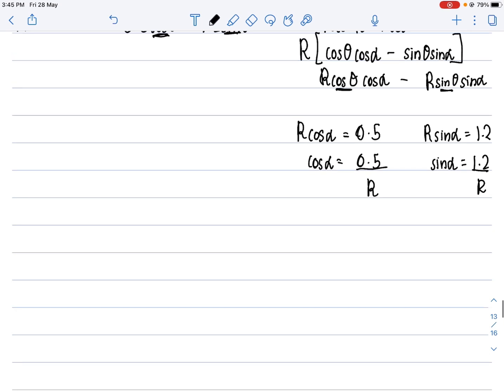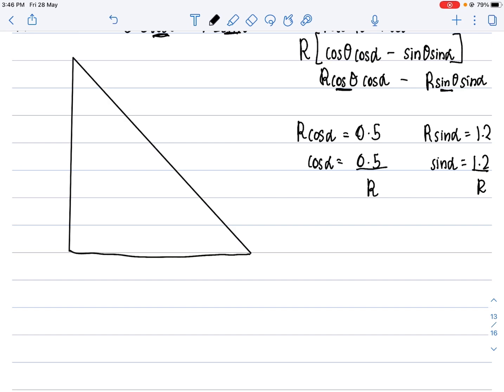Now, to make logical sense of it, I can make a simple right angled triangle. So when I do that, I can say that this angle here is alpha. If this angle is alpha, I know cos is adjacent over hypotenuse, so this is 0.5 with r as the hypotenuse.